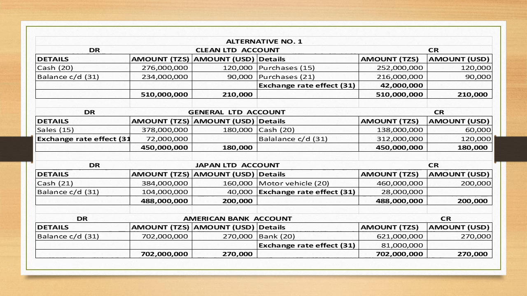So the same amount, 200,000 US dollars, is equivalent to 460 million on the transaction date of 20. But again, we paid cash 160, which is equivalent to, we paid on 21st, 384 million.